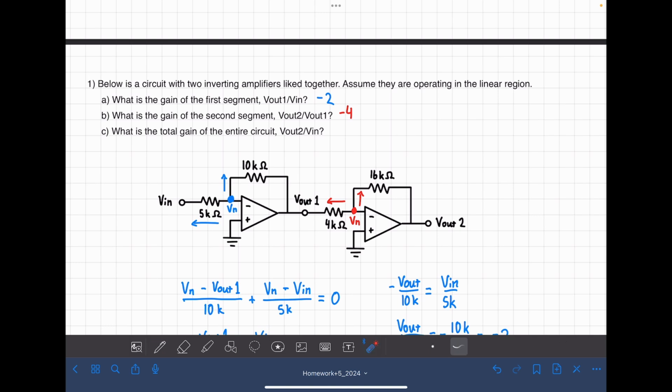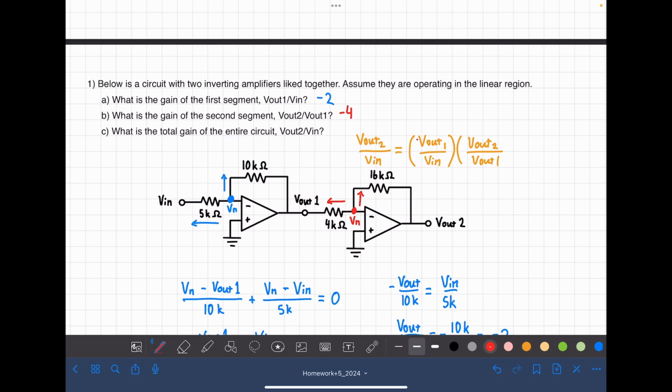So when we want to find the overall gain from our input all the way over here to our output all the way over here, we already have everything we need. So to find V out 2 over Vn, that's just the same thing as our first stage gain, V out 1 over Vn, times our second stage gain, V out 2 over V out 1.